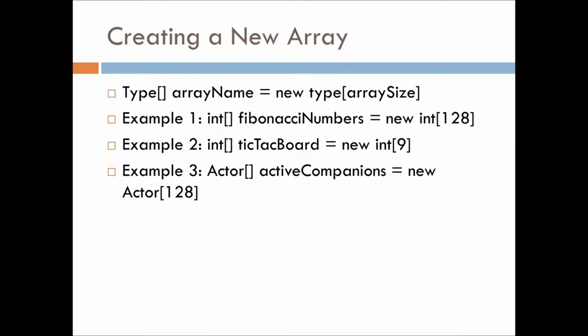So, how do you create a new array? Well, you start off with the type, integer, float, etc. Then you put square brackets. Don't put any numbers in between the brackets, just specify the brackets.